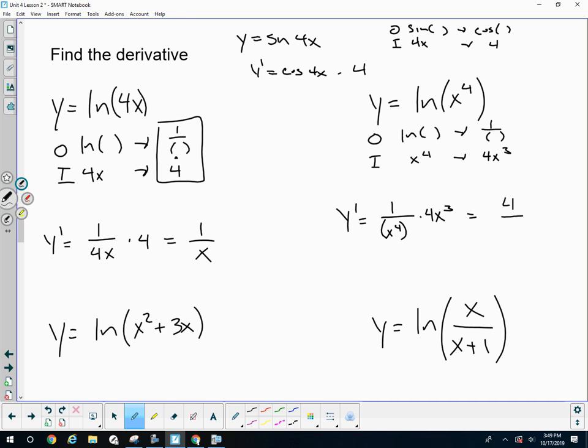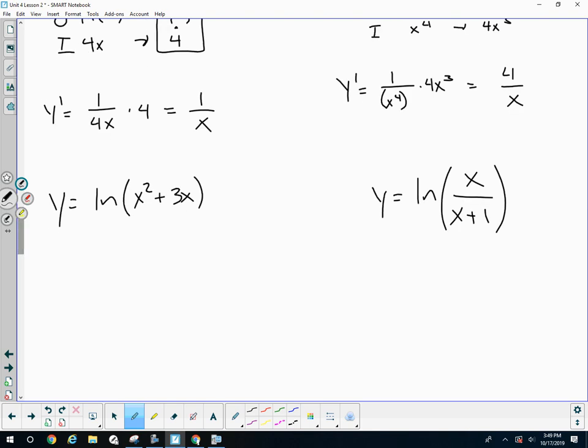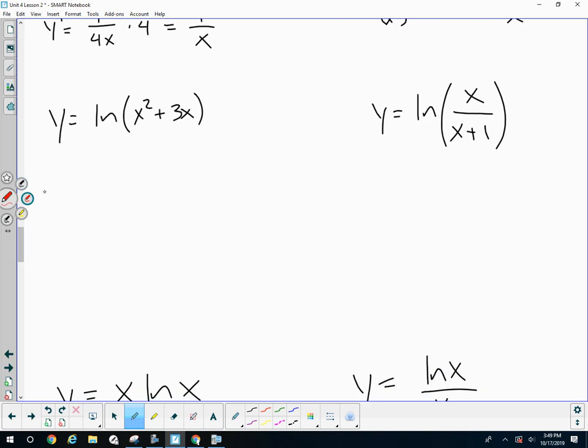Okay, we end up with 4 over x. We got 4x cubed divided by x to the 4th, 4 over x. This one's very similar. What you'll find if you do enough of them is that you'll just have 1 over the stuff times the derivative of the stuff.